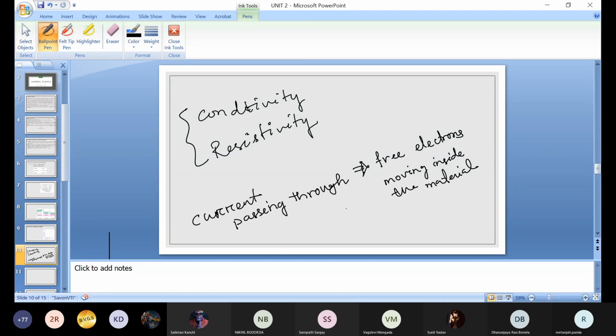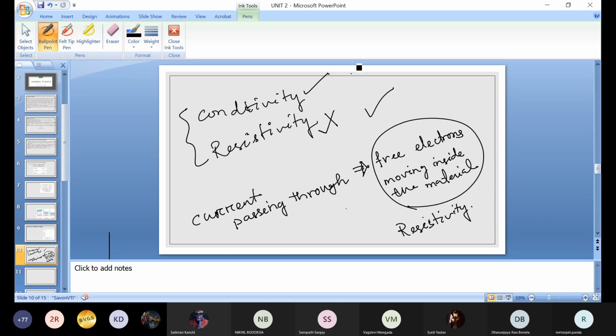When this particular thing is resisted by a material, that property is called resistivity. So if a material has good conductivity, it will have poor resistivity. Similarly, if a material has good resistivity, it will have poor conductivity.